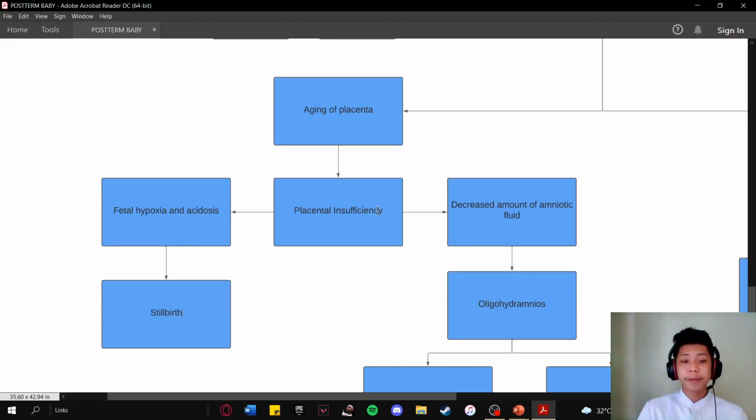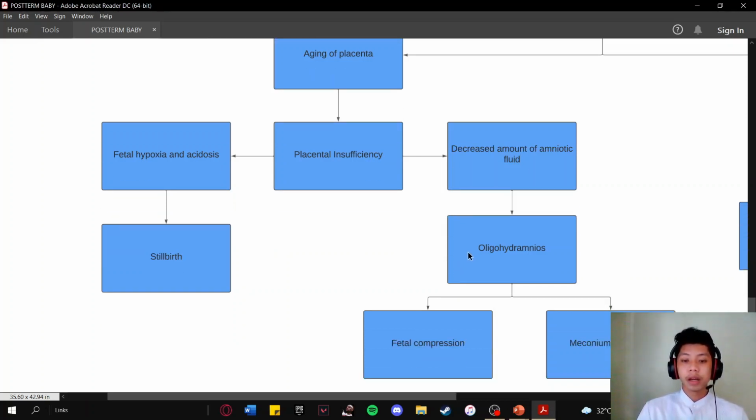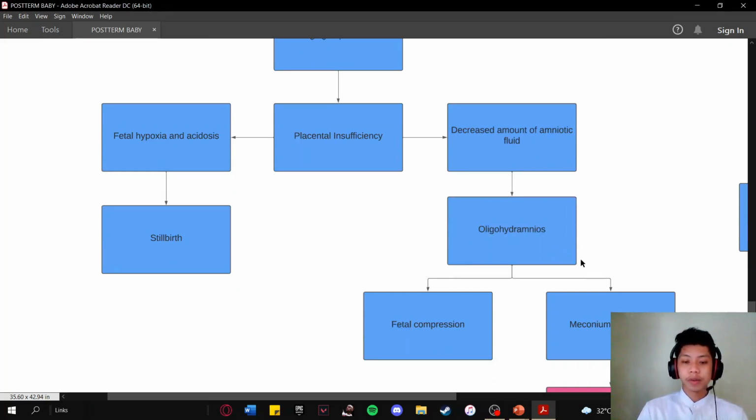So another pathway for placental insufficiency would be the decreased amount of amniotic fluid. When there is a decreased amount of amniotic fluid, there will be oligohydramnios.